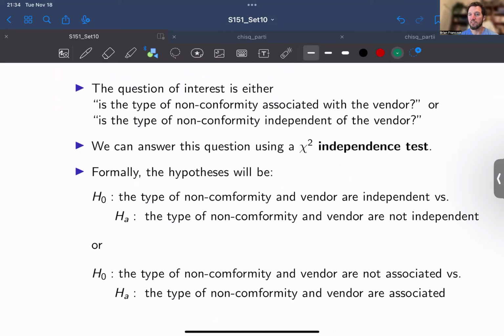I think that because the test is called an independence test, it's fairly natural to use the first set. So the null hypothesis is that the variables are independent, and then the alternative would just be the opposing statement that they are not. But not associated and associated mean the same thing. Don't have a relationship, have a relationship. This could work as well. There are different ways of phrasing this, but the general idea is that we are testing for a relationship between these two qualitative variables.